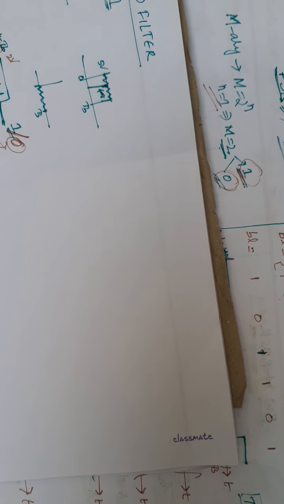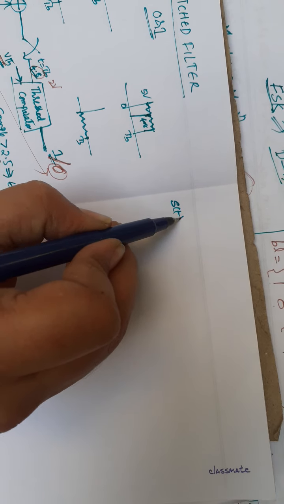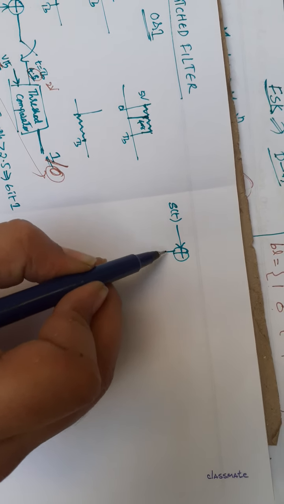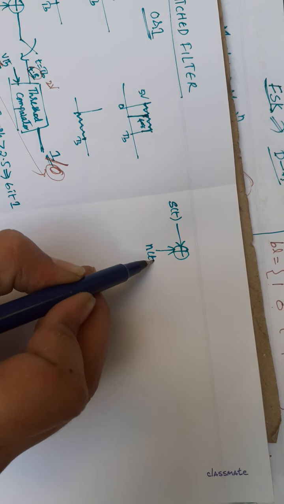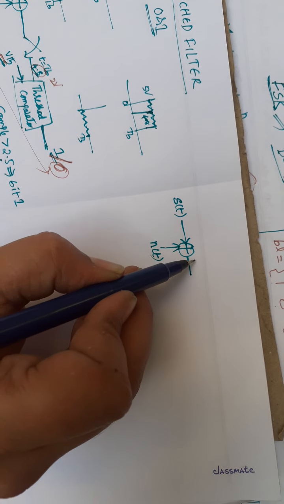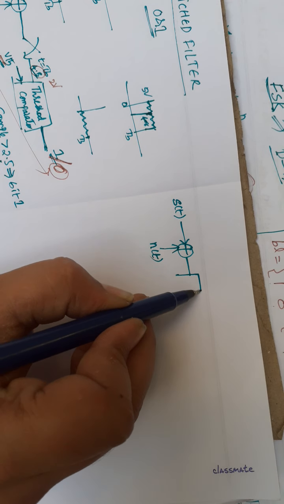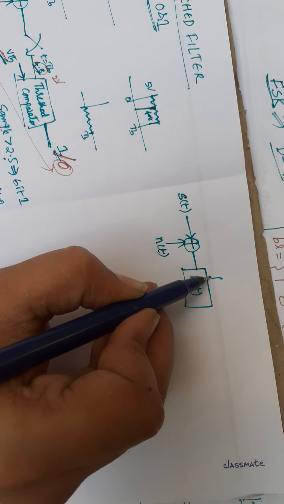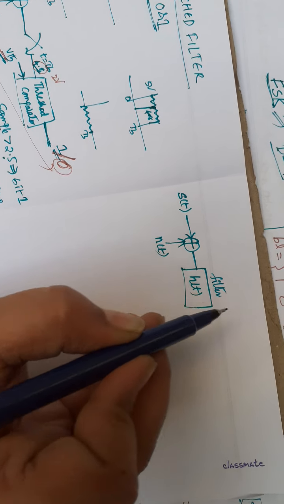Here the input signal S of t is added with the noise N of t, and the output of this is passed through the filter H of t. This is my filter, you can call it the matched filter.